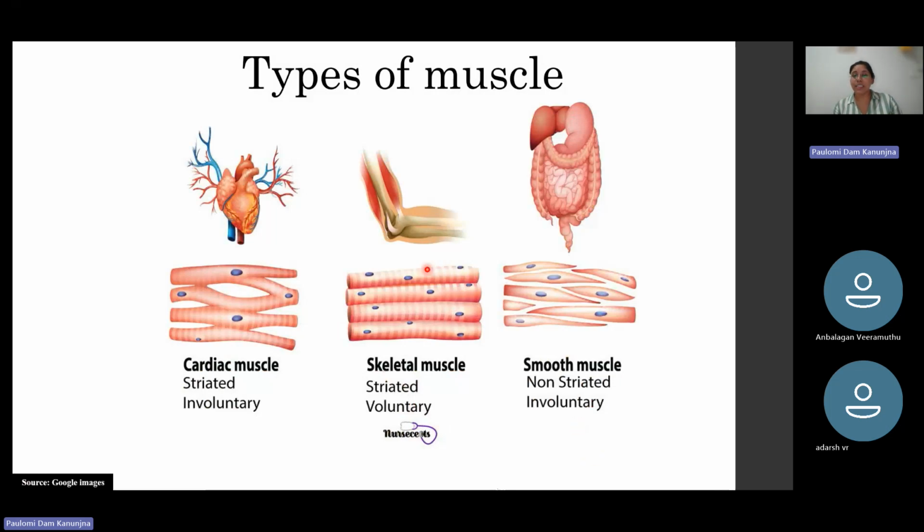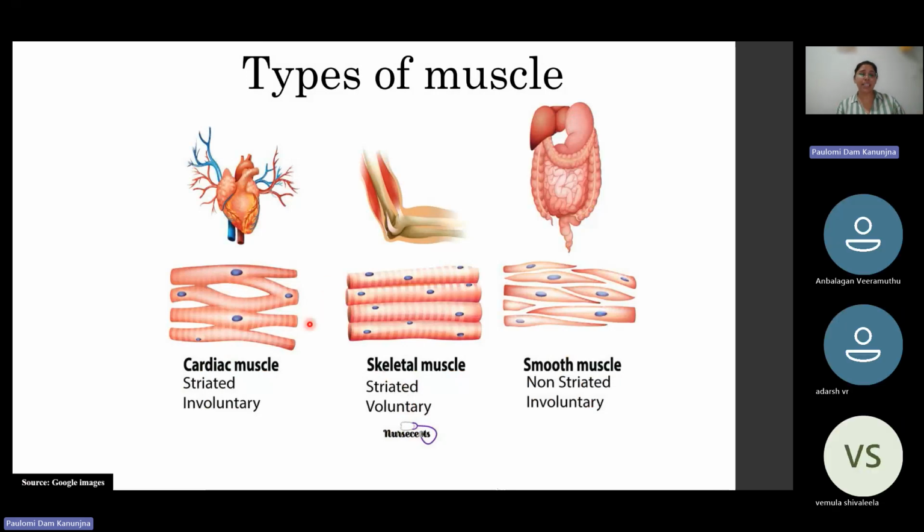Then you have the nuclei and how the cells are connected to each other. Cardiac muscle's characteristic feature is the intercalated discs. When you have intercalated discs, this is cardiac muscle. That's a giveaway of the structure of cardiac muscle. So these 3 muscles are clearly differentiated from each other, and they have their own properties.